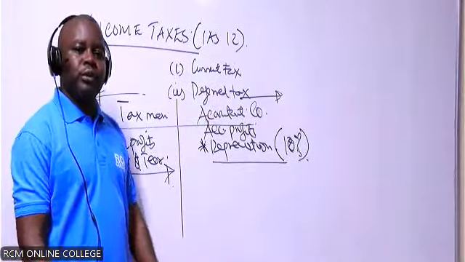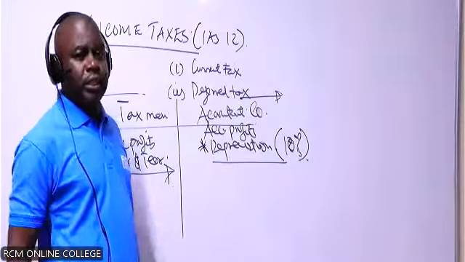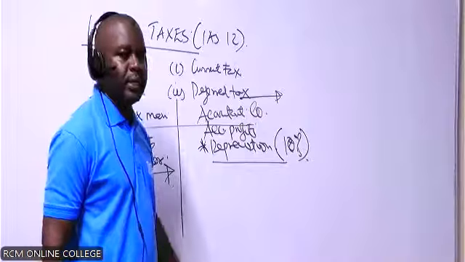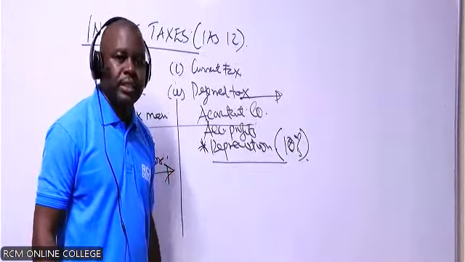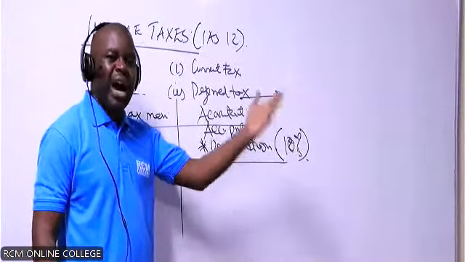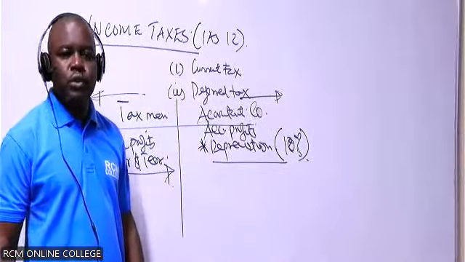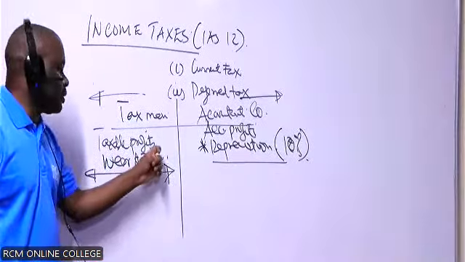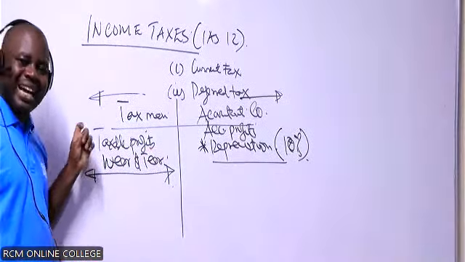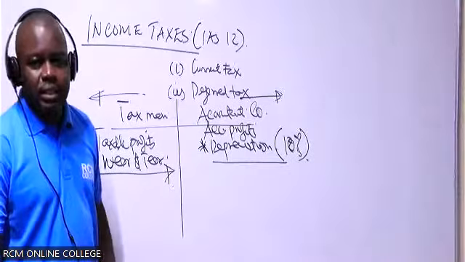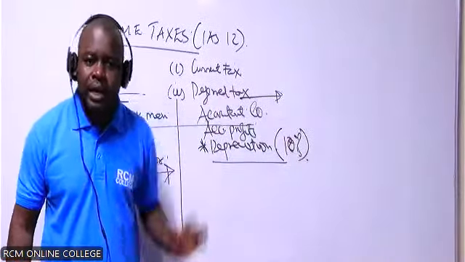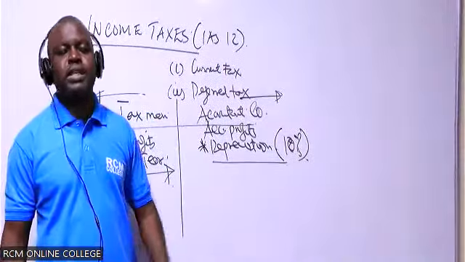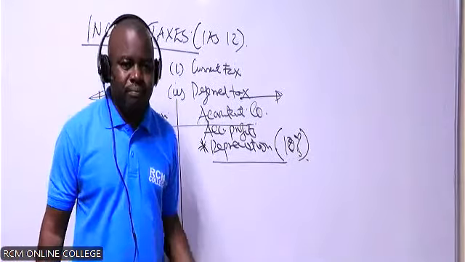For example, those who have done public finance and taxation, when the teacher tells you to determine the taxable profits of the company, he'll tell you for depreciation, we are going to add back. Because it's not an expense the taxman recognizes when calculating the taxable profits to be taxed at 30%. So you'll be told depreciation, you add back; allowance for bad debts, you add back. Those kinds of expenses, because the taxman doesn't recognize them as expenses.